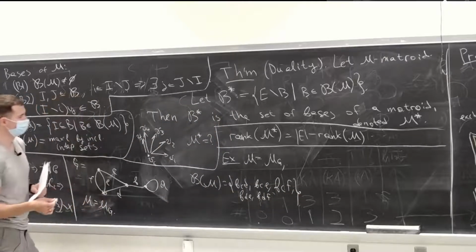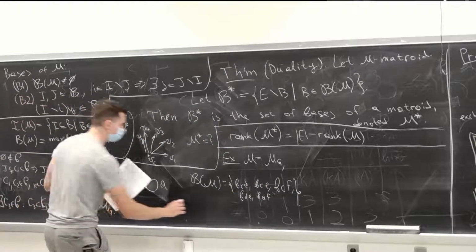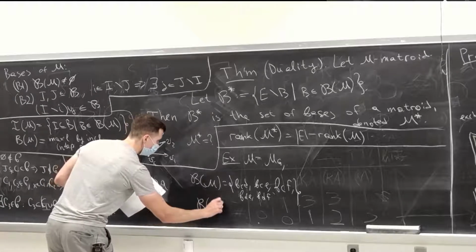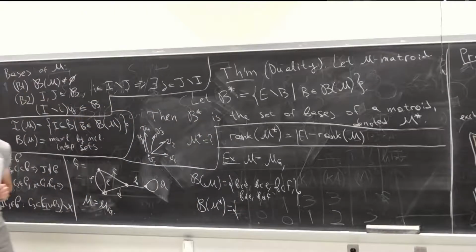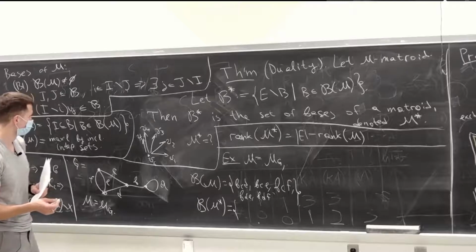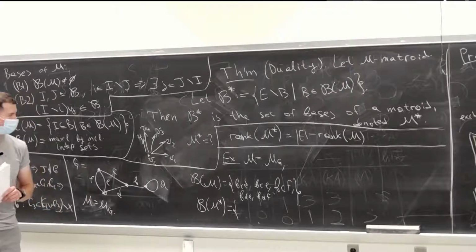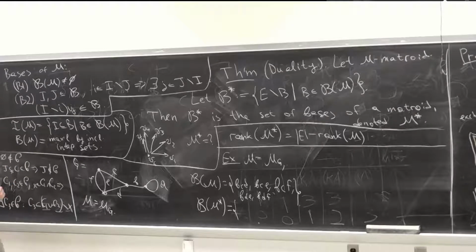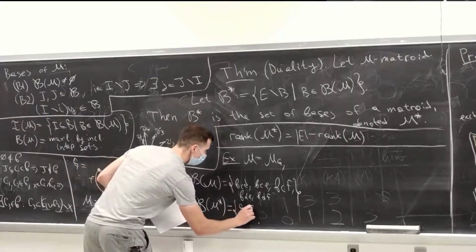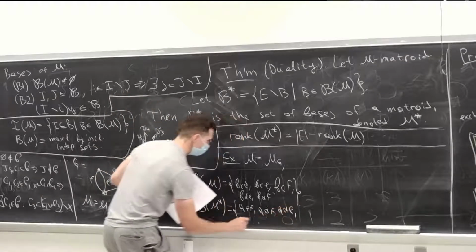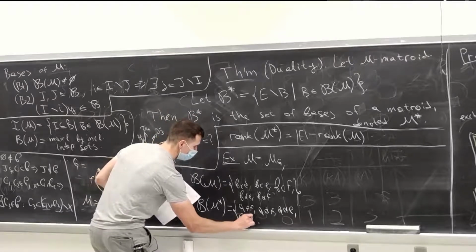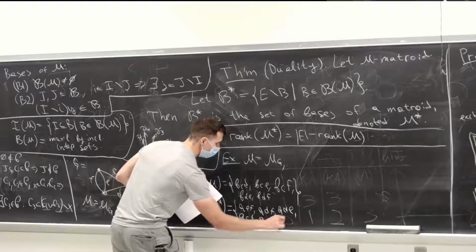Okay. Now, what about the dual matroid? AEF, ADF, ADE, BC, ACF, ACE.